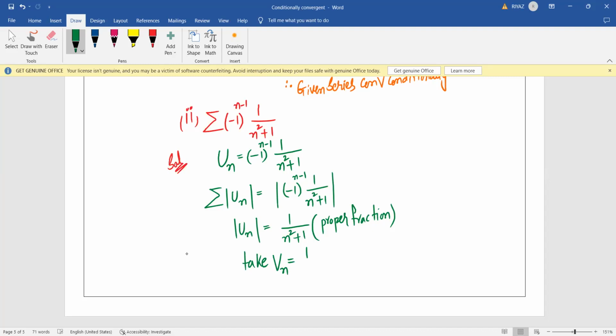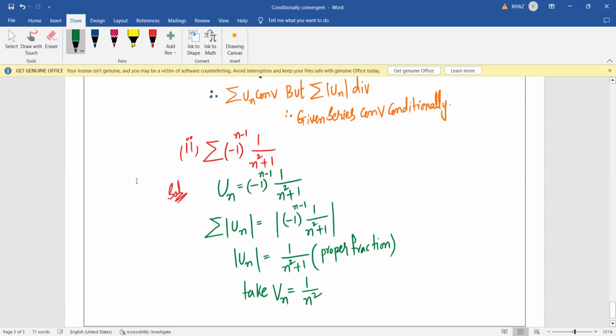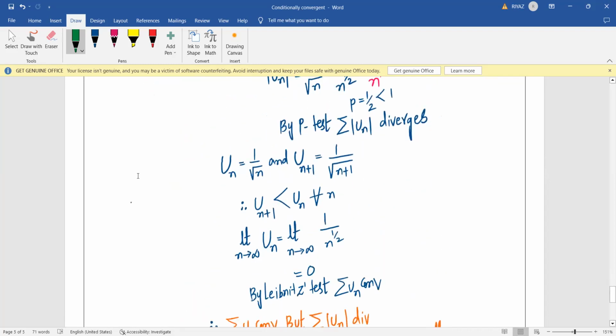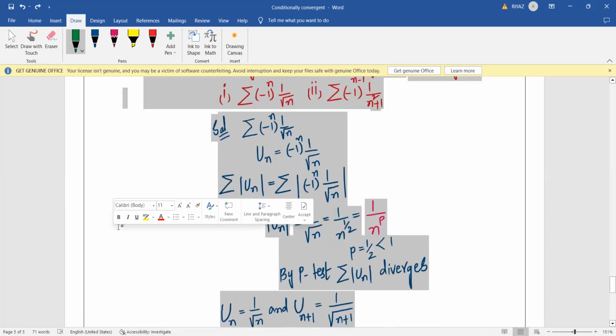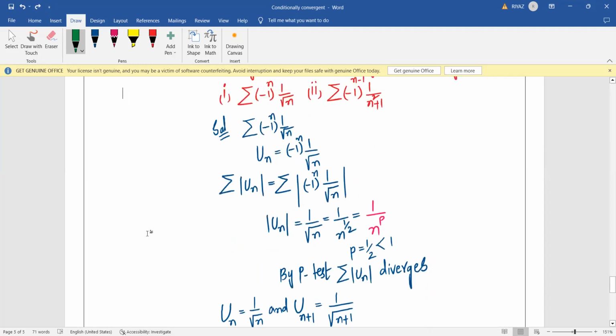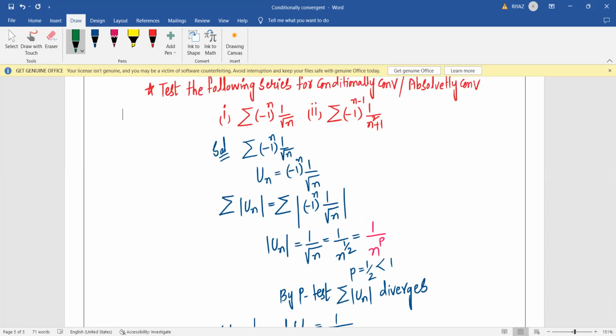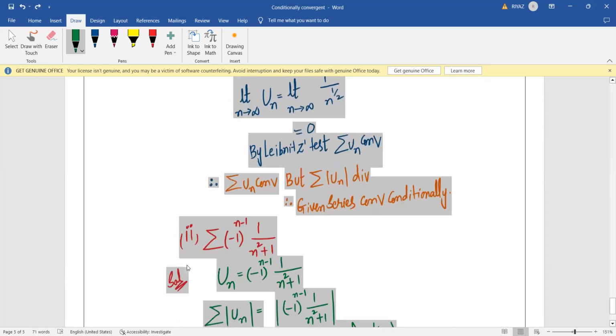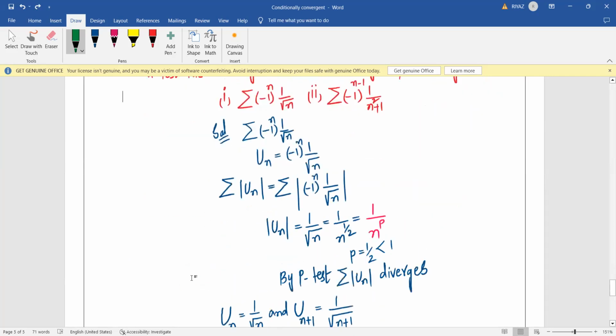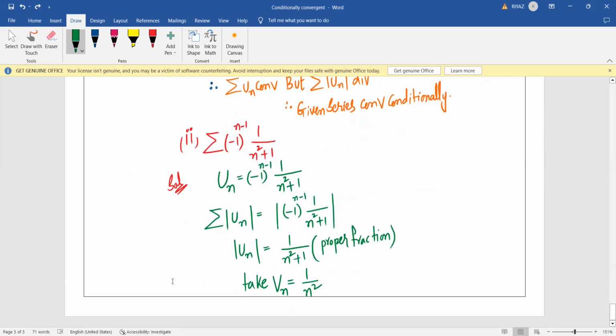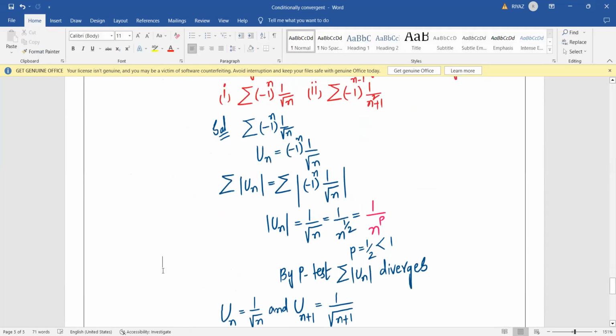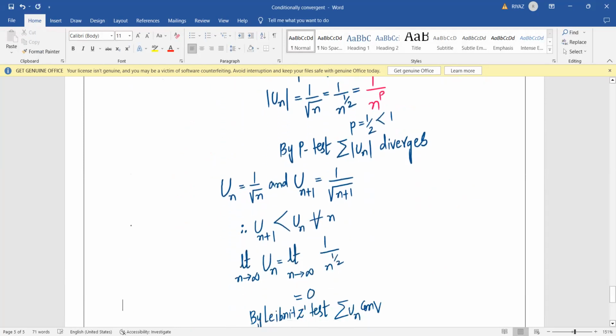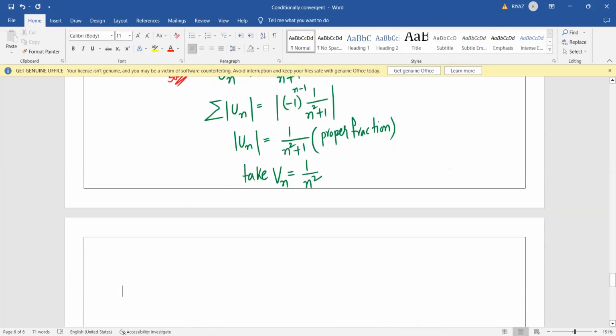Limit comparison. Highest power of n from the numerator, nothing is there. The denominator's highest power gives 1 by n square. Clear? Okay, I'll go to the next page.